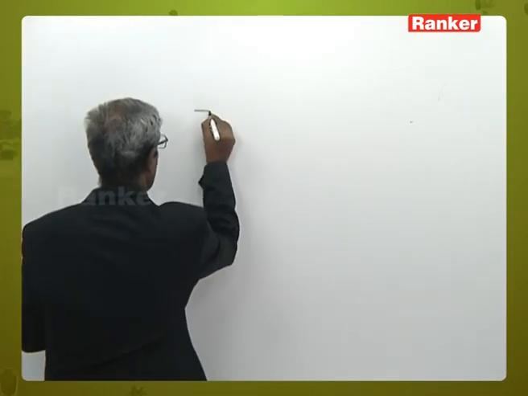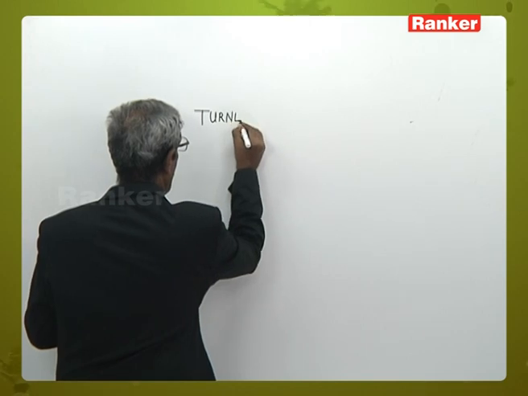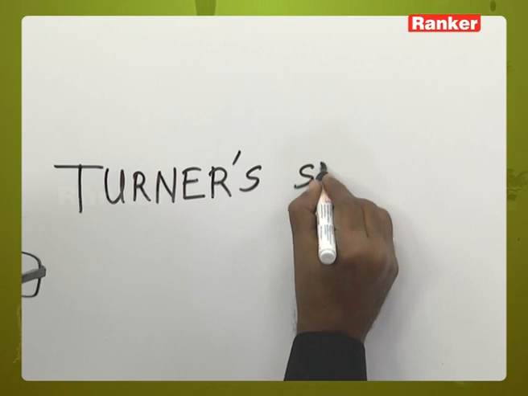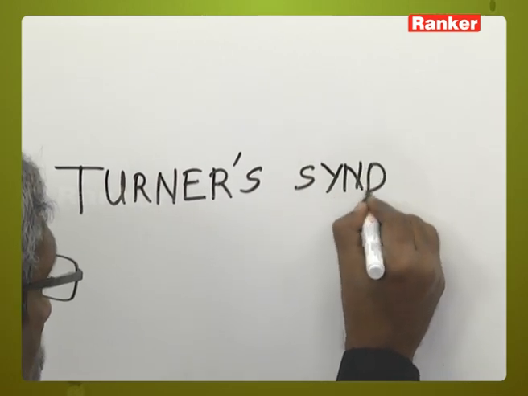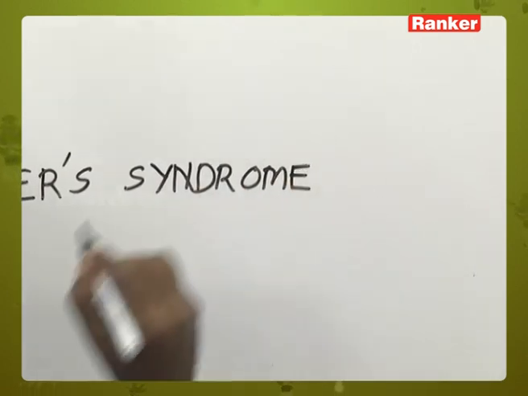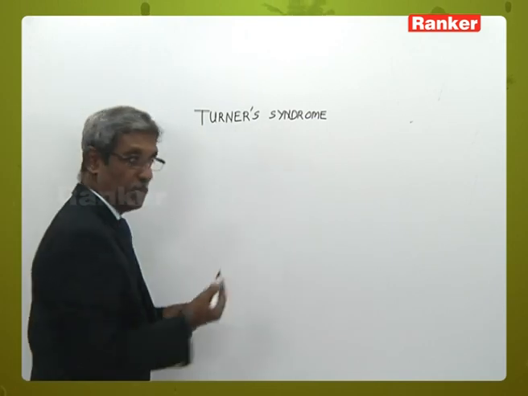Next we go into the third type of syndrome, which is termed Turner syndrome. The next genetic abnormality we have is Turner syndrome.